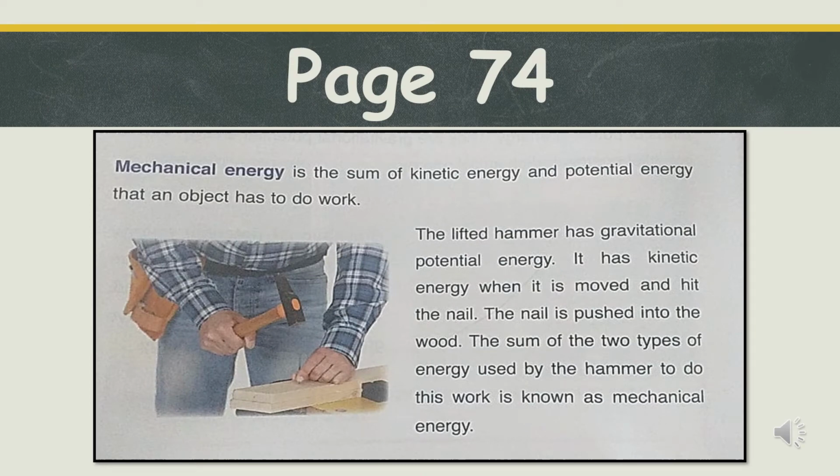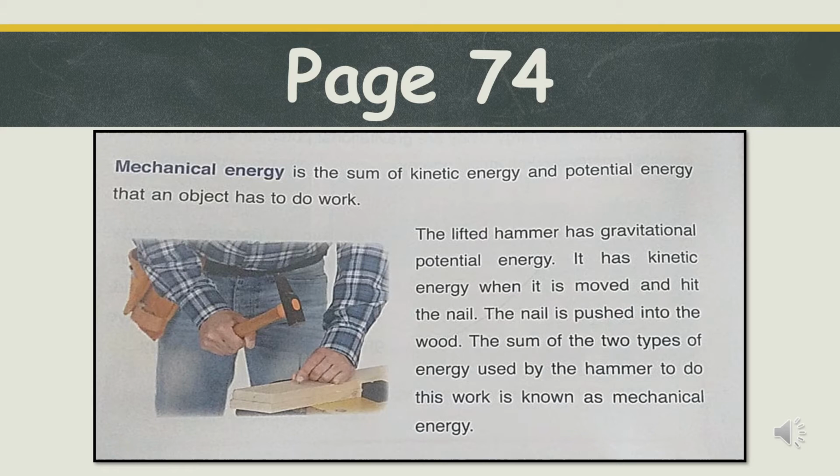Okay, let's go to the bottom of page 74 and look at our first new energy source, mechanical energy. Let's read together about the properties of mechanical energy. Mechanical energy is the sum of kinetic energy and potential energy that an object has to do work. So remember, mechanical is a combination of kinetic and potential energy.